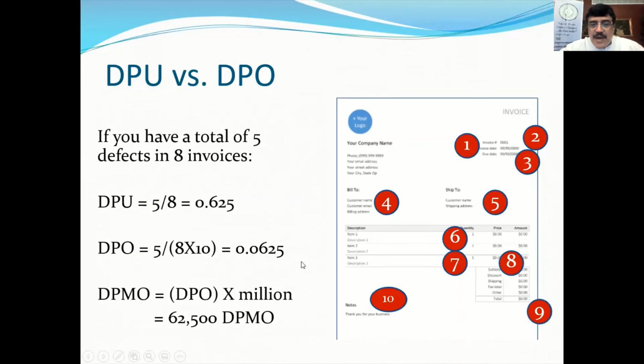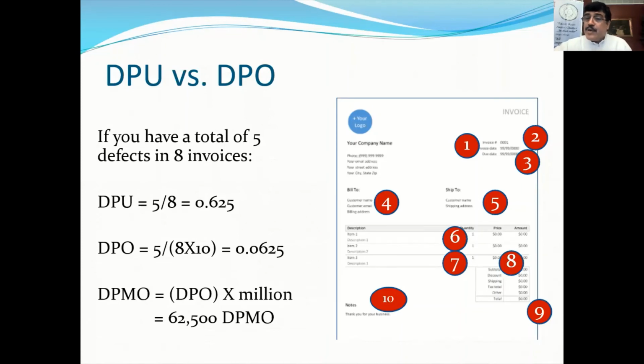So the same number, instead of saying 0.0625, we say 62,500 defects per million opportunities, or DPMO. So this is how you calculate defect per unit. Normally nobody asks about this, they go directly to DPMO, but this is how you calculate DPMO, which is defects per million opportunities.